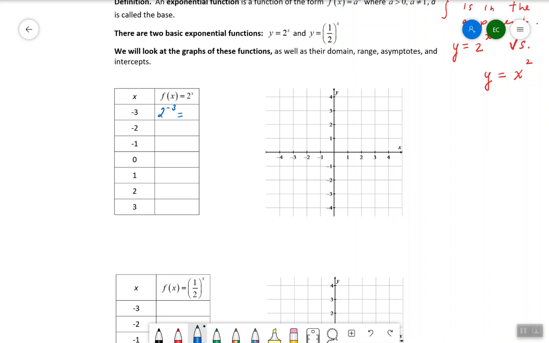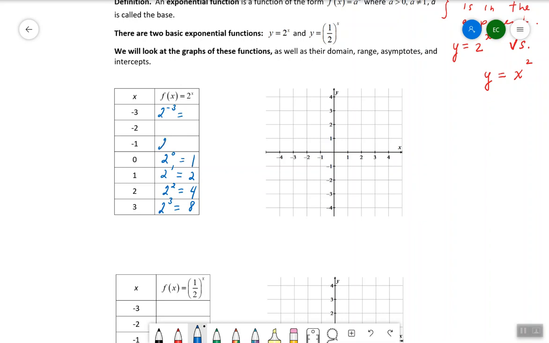Maybe we'll skip that for just a second. So let's come down here to the bottom of the table, and we'll plug in x equals 3. 2 to the third is 8, and we can go up the table. 2 squared is 4. 2 to the first power is 2. Anything to the 0 power is 1.